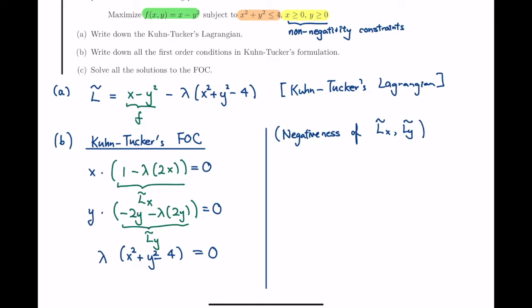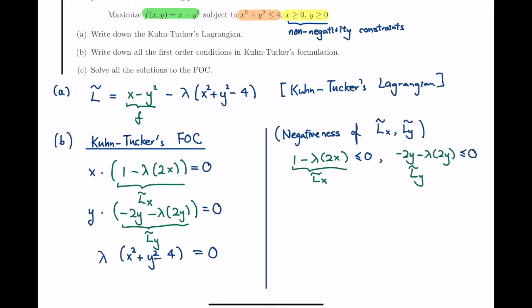So, when you differentiate L with respect to x, actually we did here. So you have 1 minus lambda 2x, which is L tilde x, should be less than or equal to 0. And then you have the same thing for L tilde y, which we computed here. Okay, you want this minus 2y minus lambda 2y less than or equal to 0.